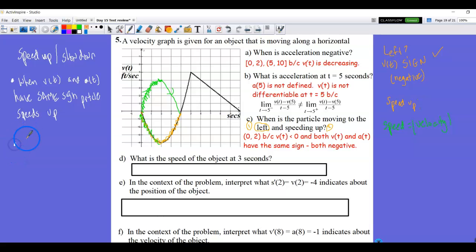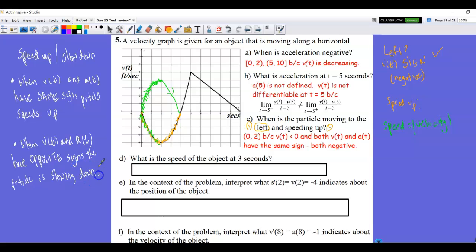Second statement: when velocity, v of t, and acceleration, a of t, have opposite signs, it doesn't matter how they're opposite, doesn't matter which one's positive and which one's negative, the particle is slowing down.